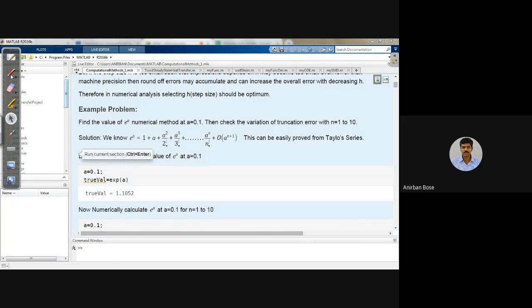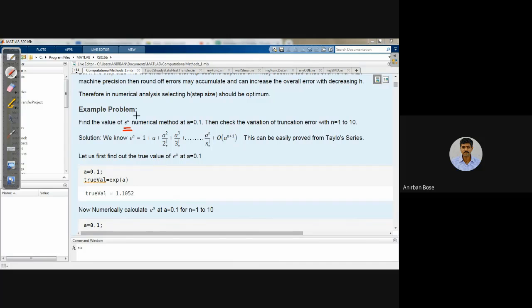We will try to find the value of e to the power a by a numerical method, because we know these functions can be expressed in a Taylor series. From that we'll find the truncation error depending upon how many terms we take. Let us see that.